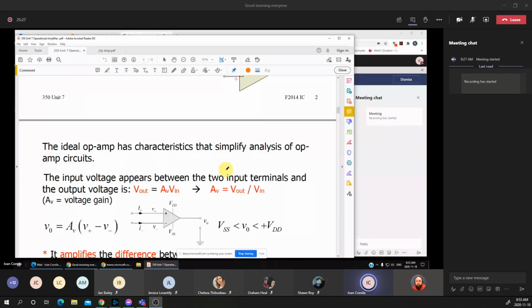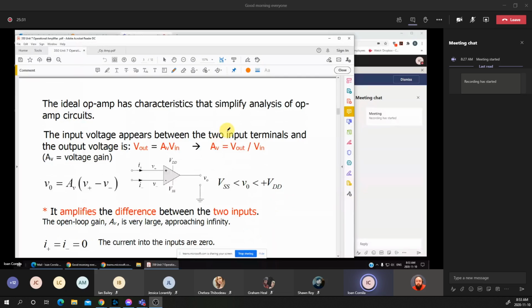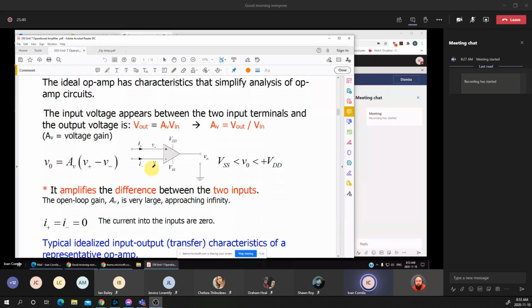Now remember that what an op-amp does, it will amplify the difference between the two input signals. You notice that this diagram shows a very basic circuit that has an op-amp. The V plus and V minus are the two input signals. The V plus is the input voltage applied to the non-inverting input.